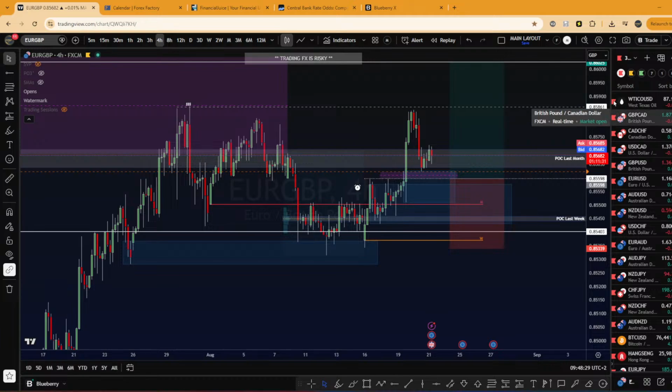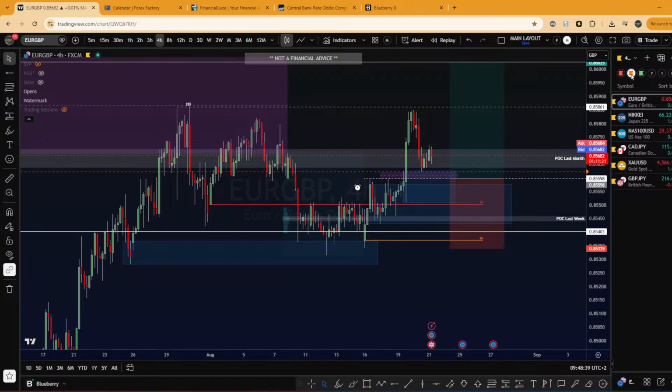The red is the instruments I check. The yellow is what I found interesting, like Euro GBP, about to give me an opportunity for now or for the following days.